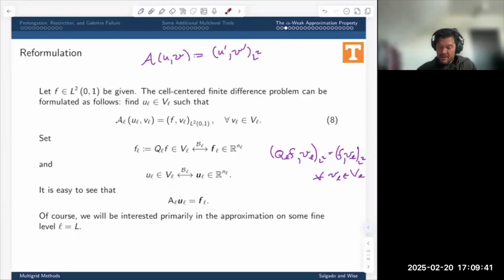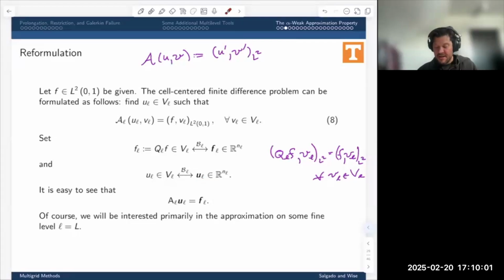Now, suppose that f is translated that way and has those coordinates. Let's also suppose that UL is that function, the solution to that, and its coordinates are UL in R^NL.